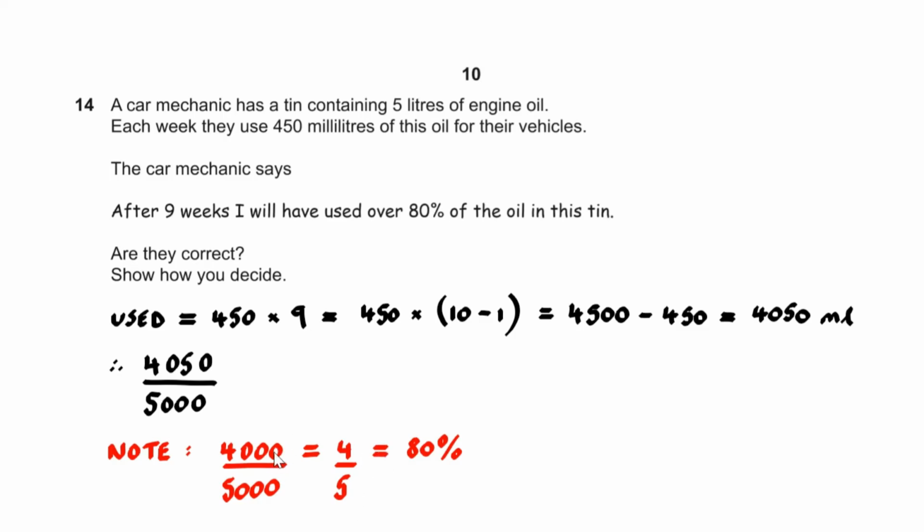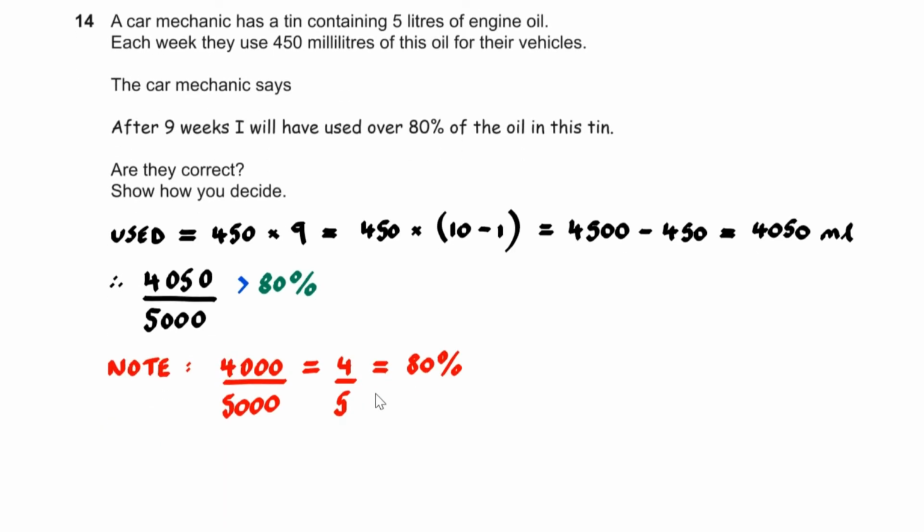So if I've got a number bigger than 4,000, like 4,050, my fraction will also be greater than 80%. So this fraction here is greater than 80%. So are they correct? Well, yes, they are correct.